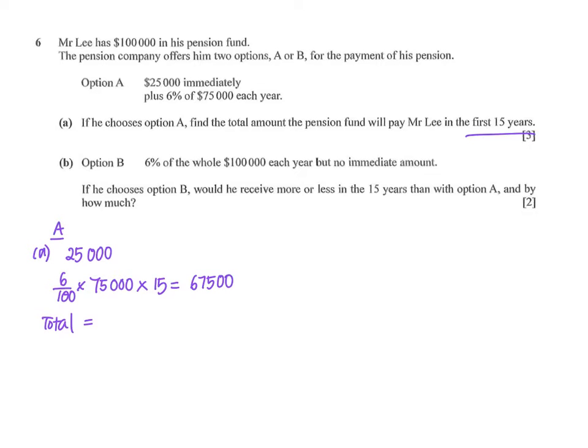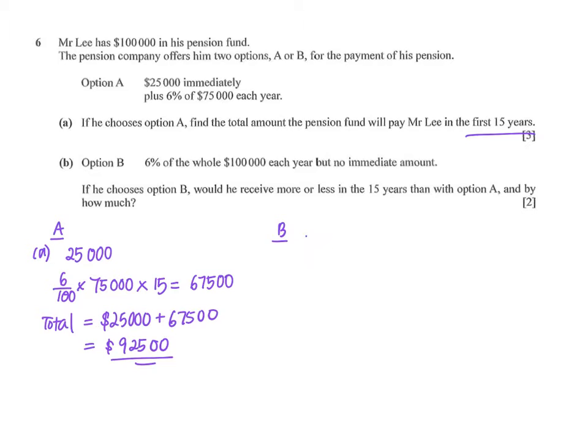The total amount will be 25,000 plus 67,500, and that gives us 92,500.